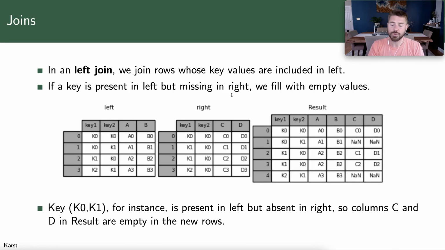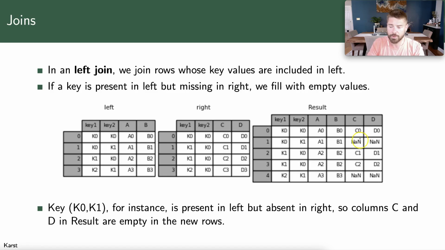If we do a left join, we keep all of the keys that were in left and then try to find matches in right. And if we can't, we put a missing value. For instance, the key K0, K1 is included in left, but it is not included in right. And so when I insert that key into the result, I just have to put NaN, or whatever the missing value is in your particular programming language, in columns C and D. There are cases where this is really important.